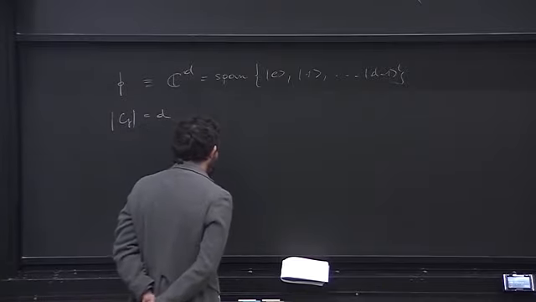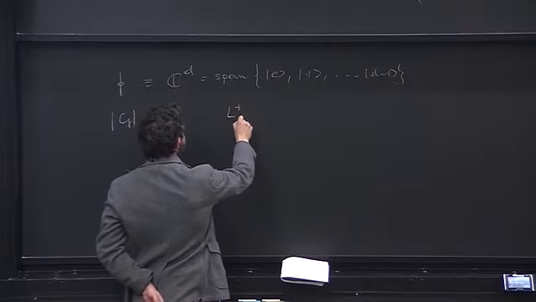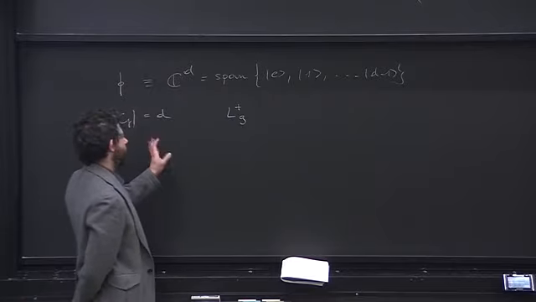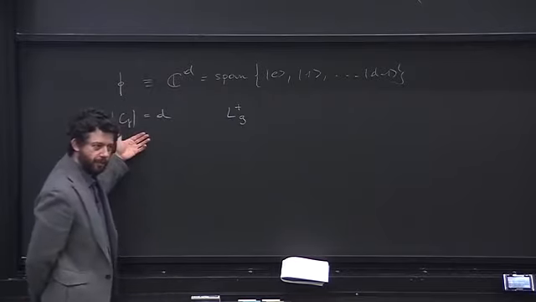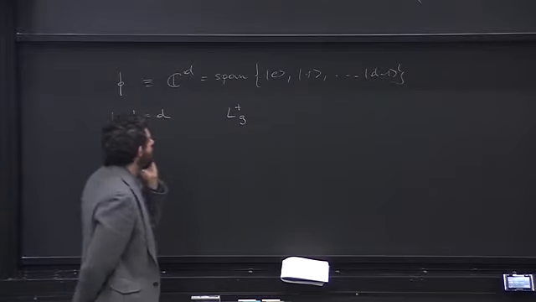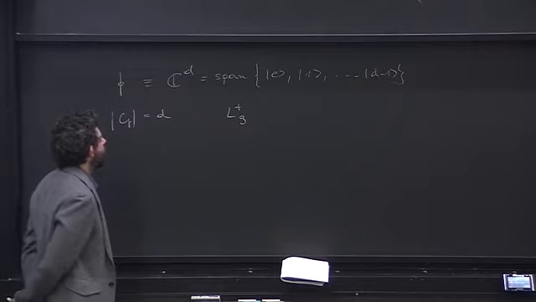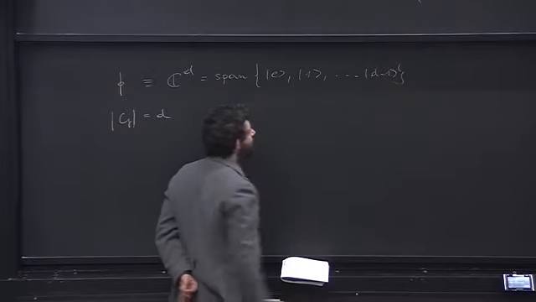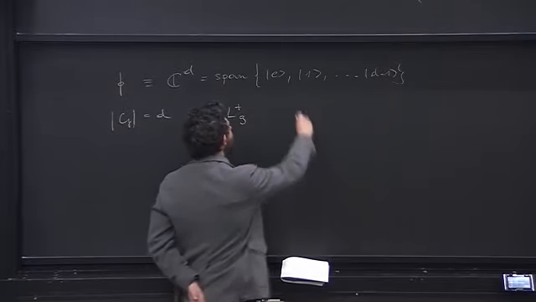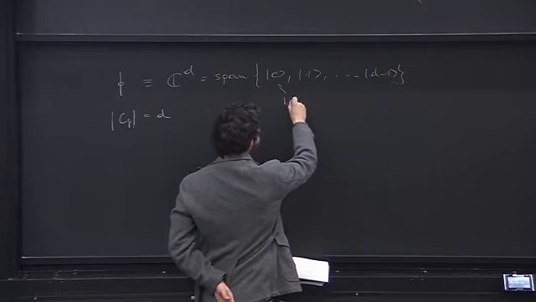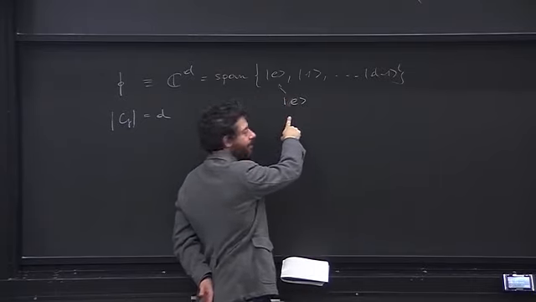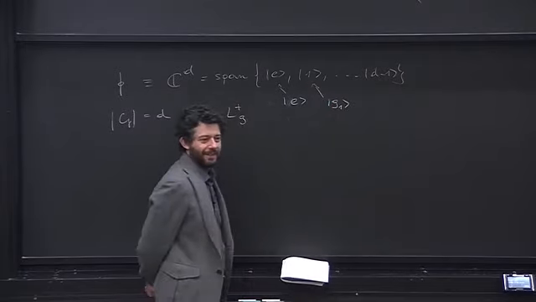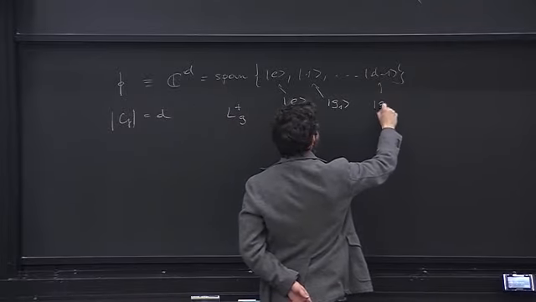And now I can define the left translation of these states. So I want to define a representation of this group over these states. What I can do is label these states with the group elements, right? I can say, oh, this one is what I call the identity of the group. That's why I called it E. And this one is what I called G1, and this one is what I called G n minus 1.